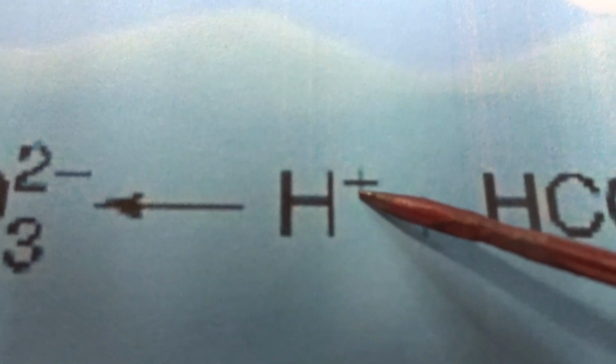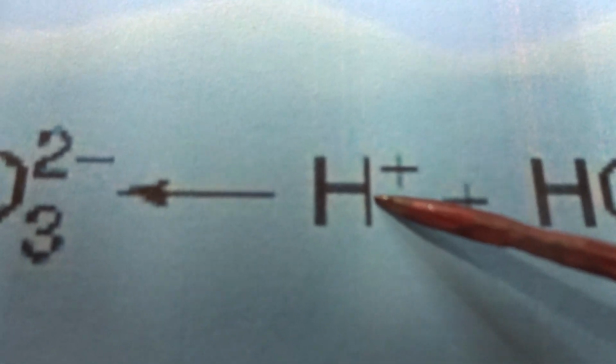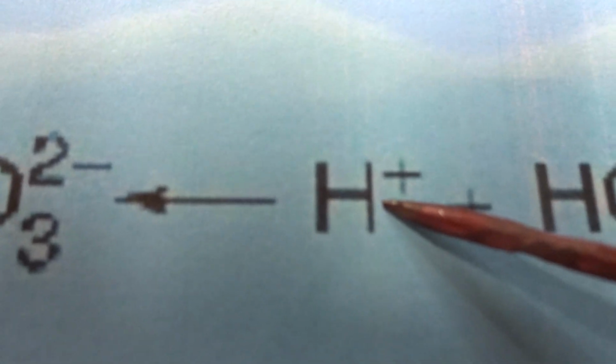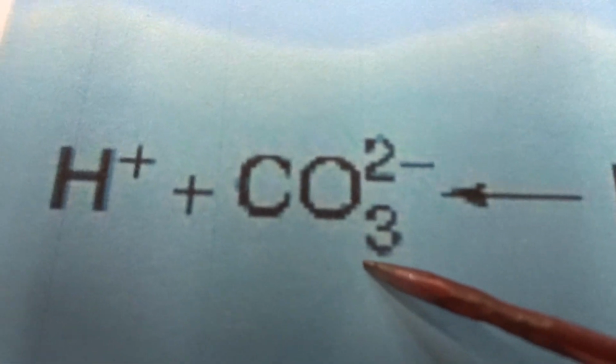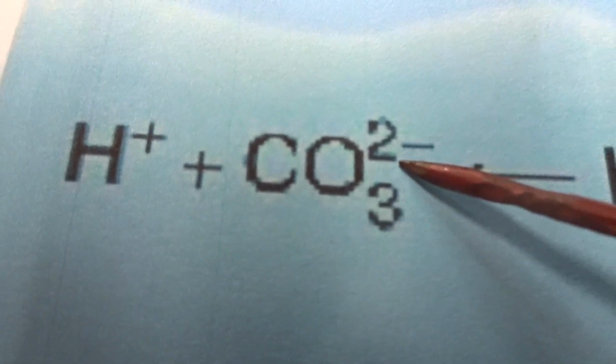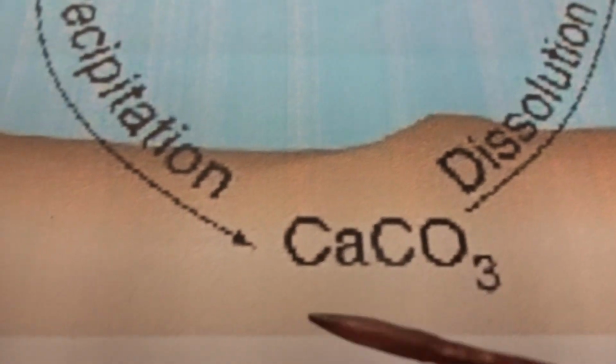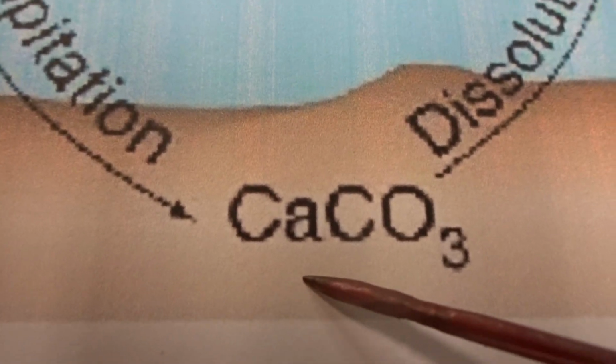The HCO3 negative gives up a proton, which is present in acids and has a positive charge, forming the proton plus CO3 negative 2. At the bottom of the ocean is calcium carbonate, CaCO3.